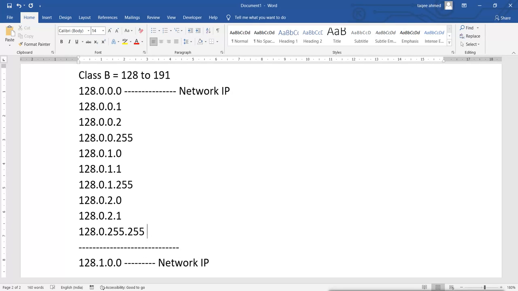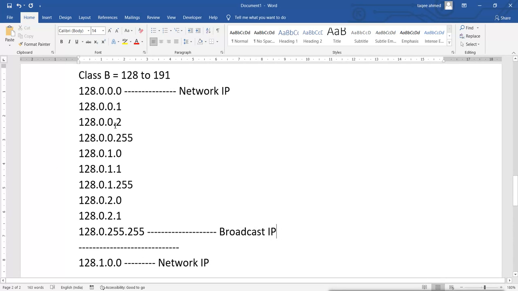And this IP will be considered the last IP, that is the broadcast IP of this network.